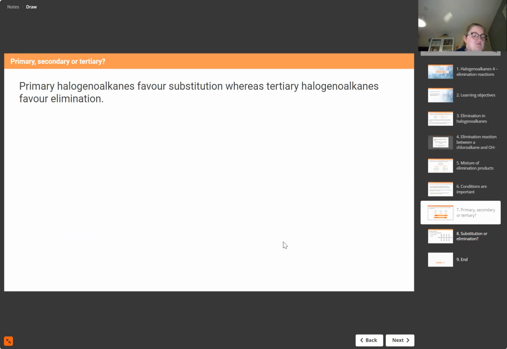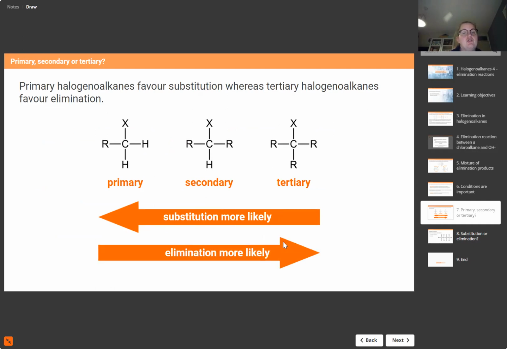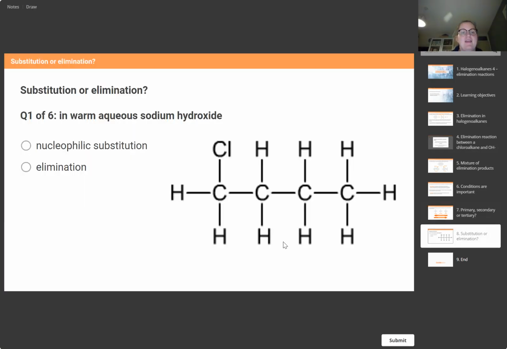If it's in the middle, it doesn't really make much of a difference. So primary, substitution more likely. Tertiary, elimination more likely. Secondary, could be anything. So let's have a look at these. Substitution or elimination. We're in a warm aqueous solution of sodium hydroxide. Well, that is going to be more likely to be a nucleophilic substitution because we're in a warm aqueous sodium hydroxide.